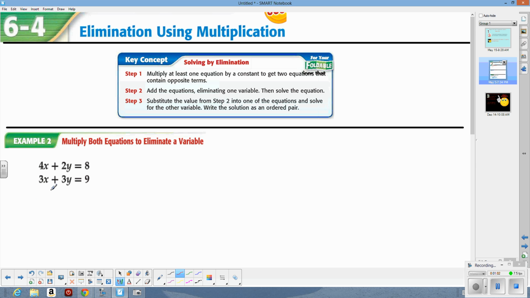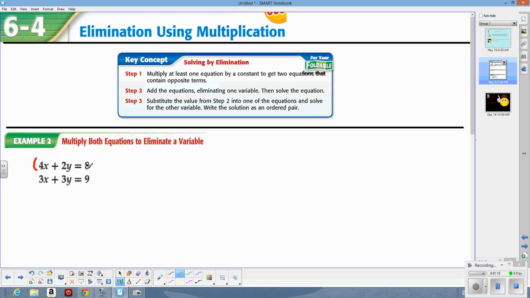Or I could multiply this top equation by 3 and the bottom one by -2, and then I would be able to eliminate the y's. I think that's what I'm going to go with. I'm going to multiply this equation by 3, and I'm going to multiply this one by -2. When I do that, I'll end up with opposites for the y term.